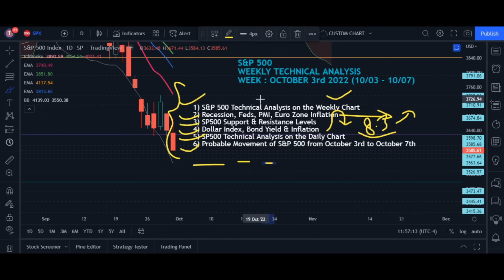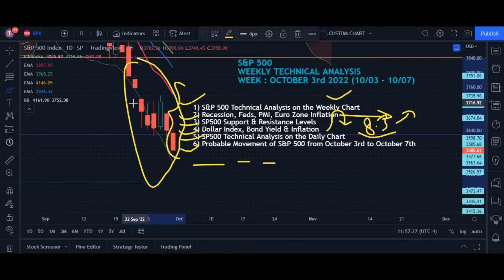This way I cover each and everything in very detail, and that is the only reason why we are able to attain such a high accuracy in predicting the movement even before the open of the S&P 500, the Dow Jones and the Nasdaq.